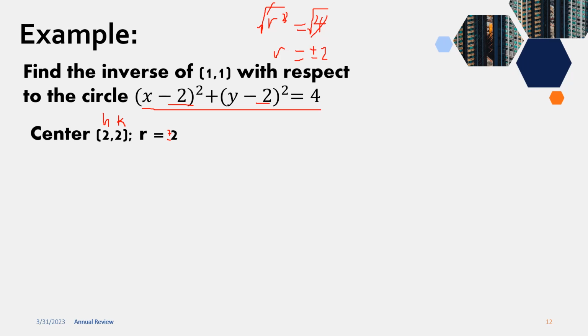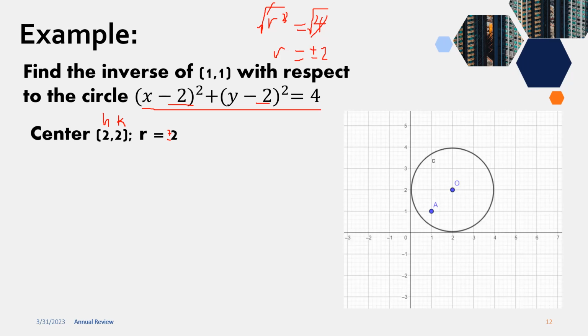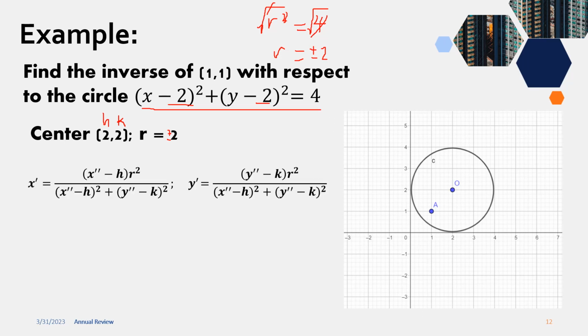If we are going to illustrate it in a Cartesian coordinate plane, this will be the figure. Upon applying the formula which we substituted earlier, this will be our x double prime, and this will be our y double prime.